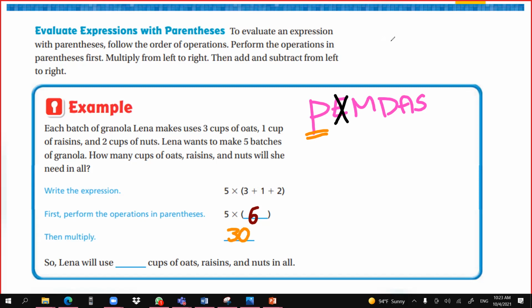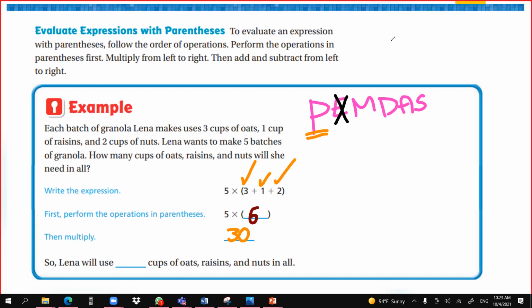30. Bravo. So now, for each batch of granola, Lina uses 3 cups of oats, 1 cup of raisins, and 2 cups of nuts. When they put them together, they make 1 batch. But I want to make 5 batches.